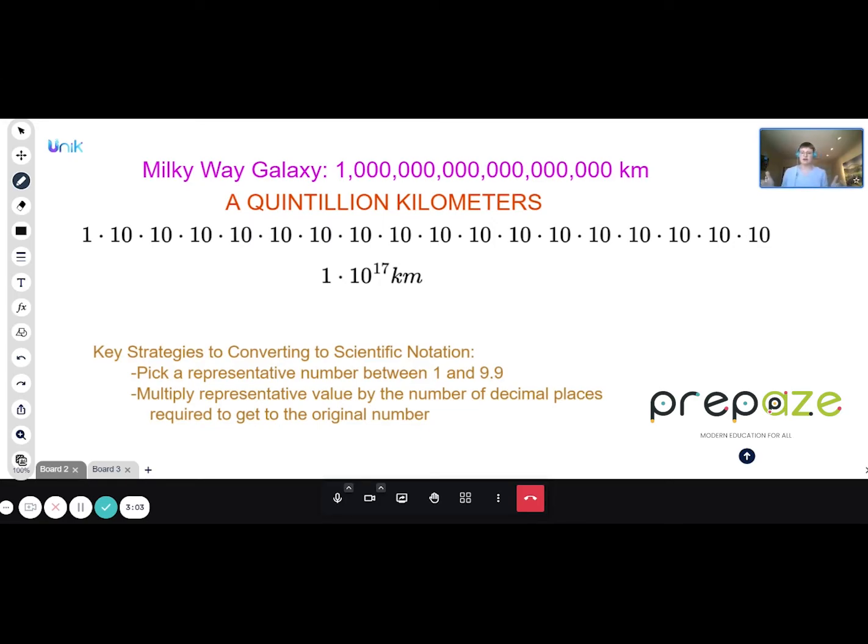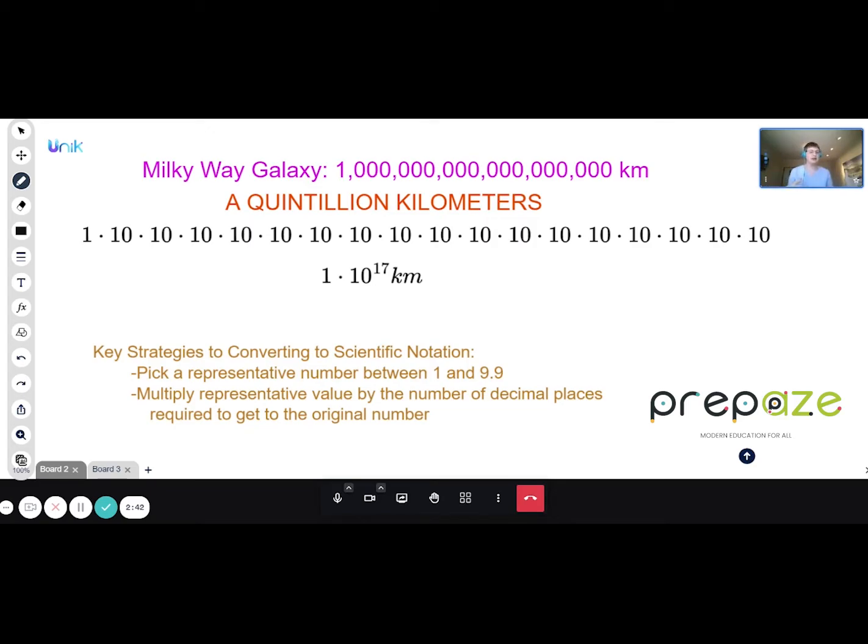This is an example of the strategies that we will be putting forth for standards of scientific notation, in that we pick a representative number between 1 and 9.9. Very easy number that we can comprehend between 1 and 9. They're always one-digit numbers.